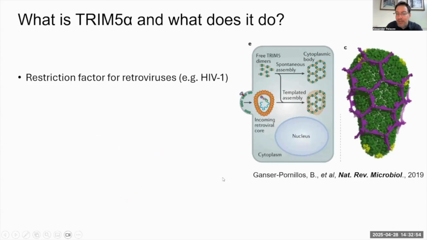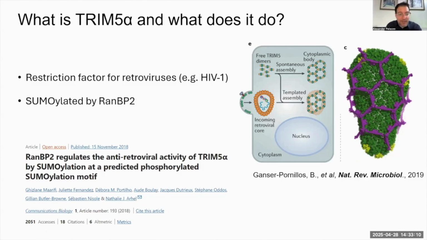So it appears that when HIV viruses enter cells, TRIM5 alpha forms these purple cages around the virion, and that prevents HIV from rapidly replicating inside of cells. And interestingly, Natalie's group had previously documented that TRIM5 alpha is SUMOylated by RanBP2. So this is doubly interesting because we can see that it associates with the mutant forms, and Natalie's group has found that actually RanBP2 SUMOylates TRIM5 alpha.